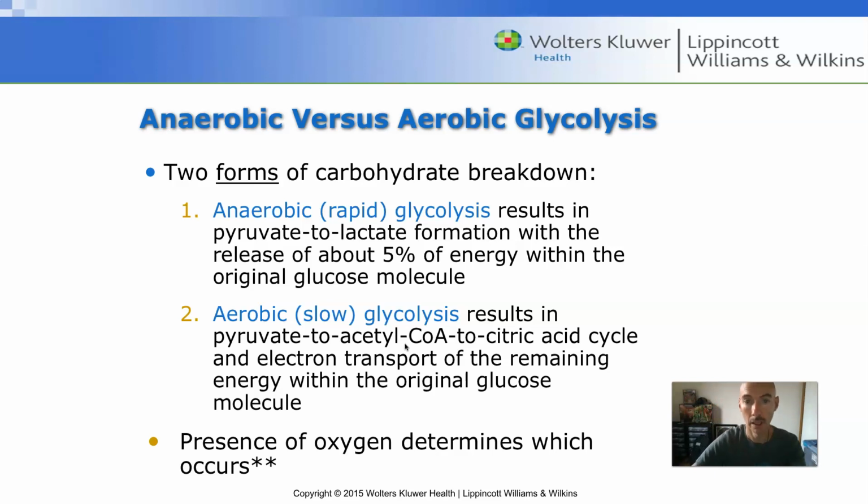So again, glycolysis is going to occur one way or the other. The key is if oxygen is available, it's slow glycolysis. If oxygen is not available, it's rapid glycolysis. The presence of oxygen ultimately determines which of these two occurs.